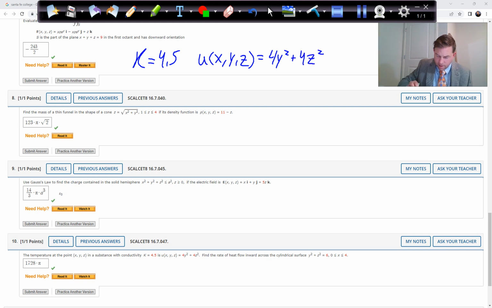And we've got this across a cylindrical surface, so it says y squared plus z squared equals 6. And they tell us x should be bound between 0 and 4.